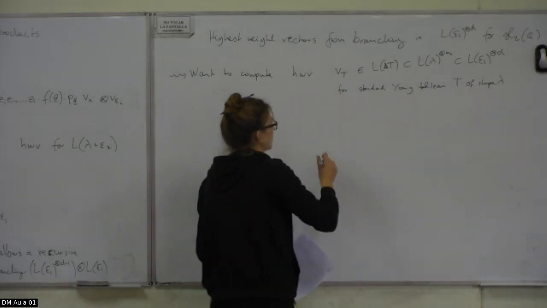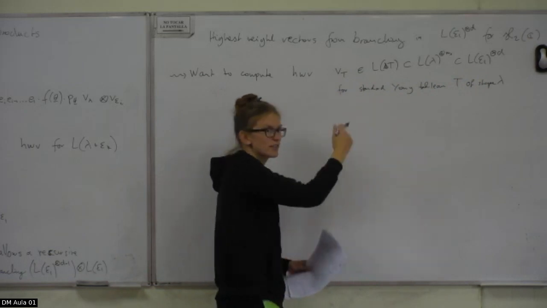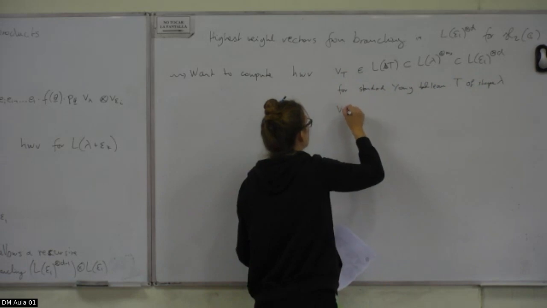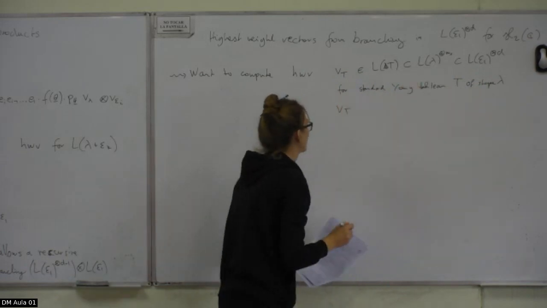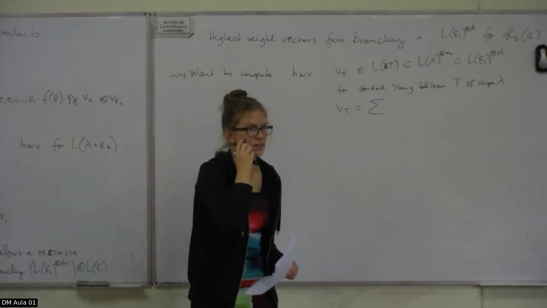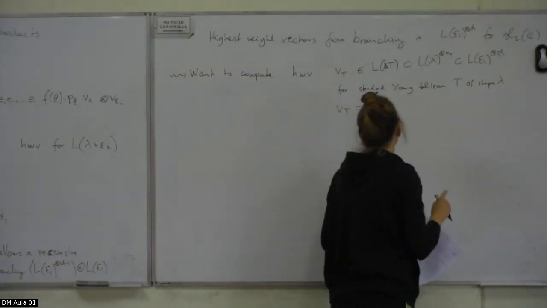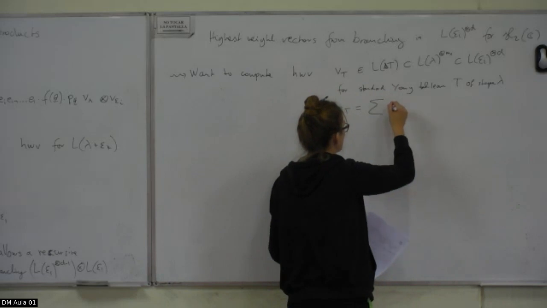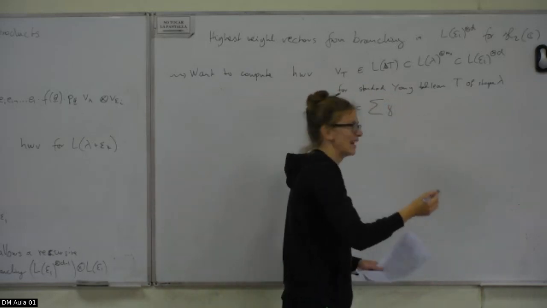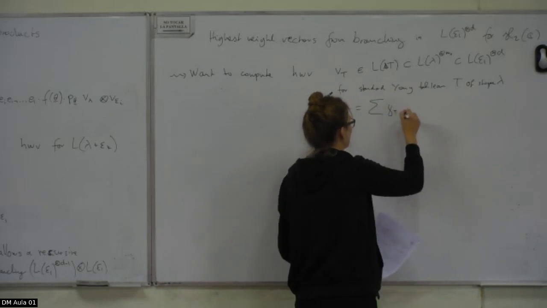We want to describe it really not as an abstract element again, but as a concrete element living inside here. So how does a concrete element living inside here look like? Well, it's a sum of tensor monomials of length d. Yeah? So it has coefficients that will depend on the monomial and on that T.